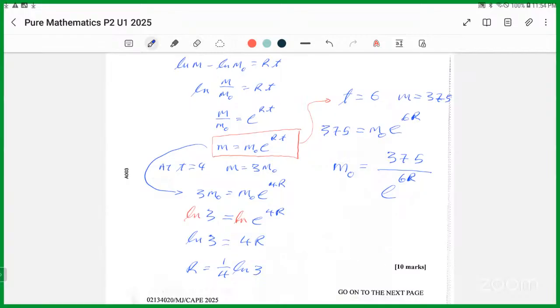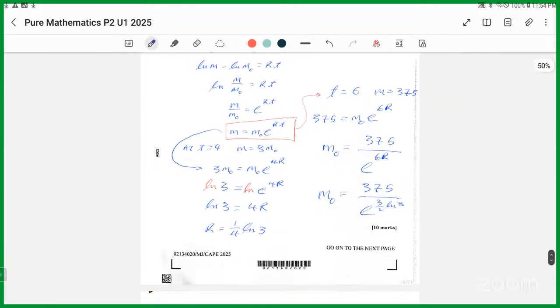So the starting mass becomes 375 over e to the power 3 over 2 ln 3. So that is our result, the answer for the starting mass.